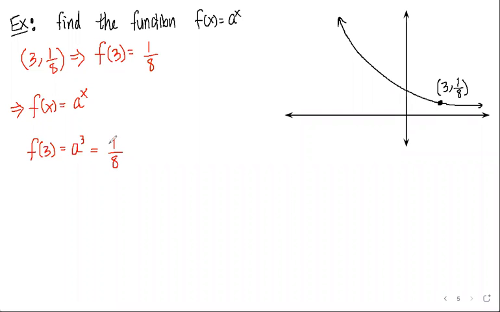Now I have to change this and make it like a fraction to the power 3. What number can I put inside the parentheses such that this number to the power 3 gives me 1 over 8?